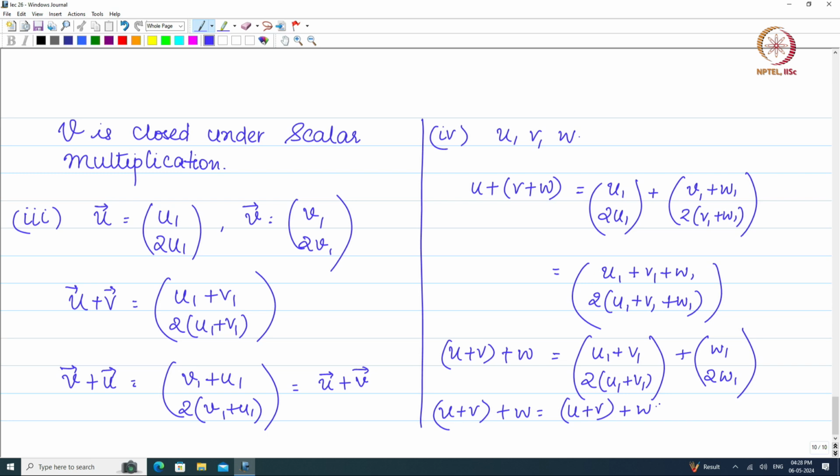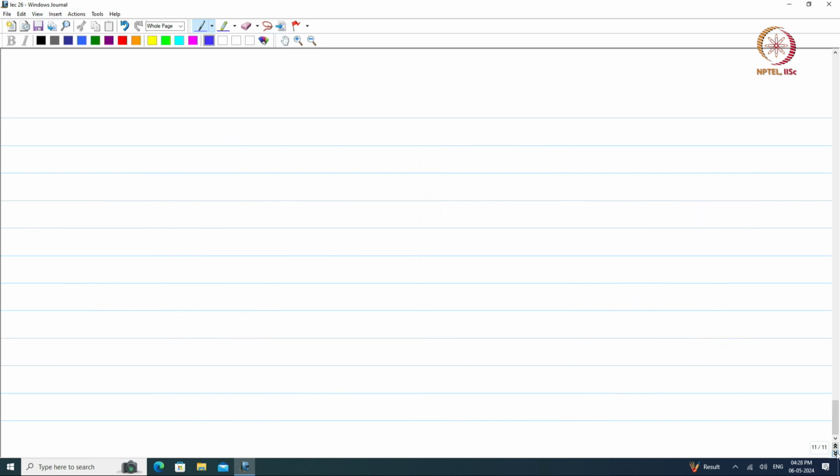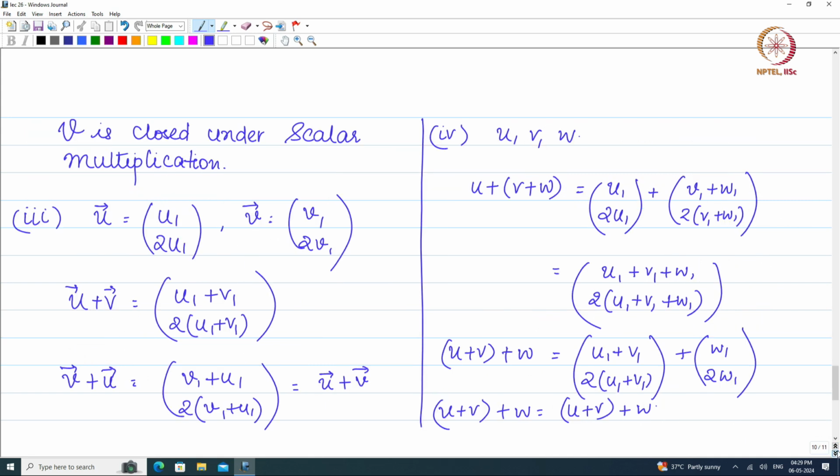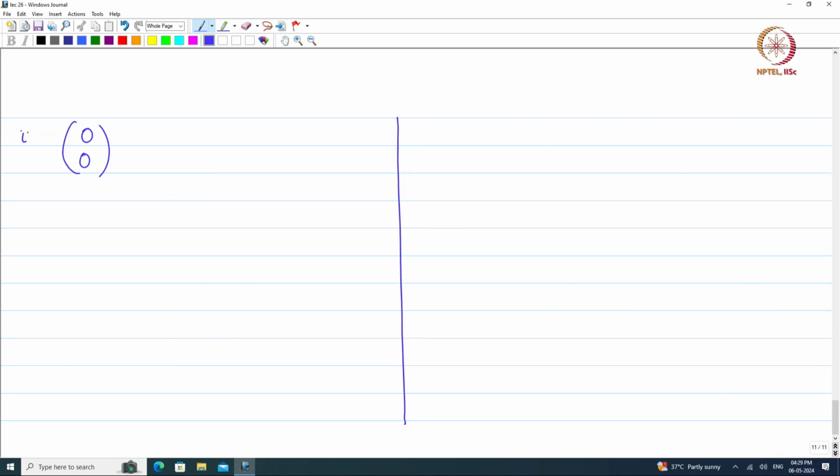This is because you have real number addition. Now we are going to look at the existence of the 0 vector. I have the fourth property, the vector (0, 0). Let us see if this is actually there in that set.